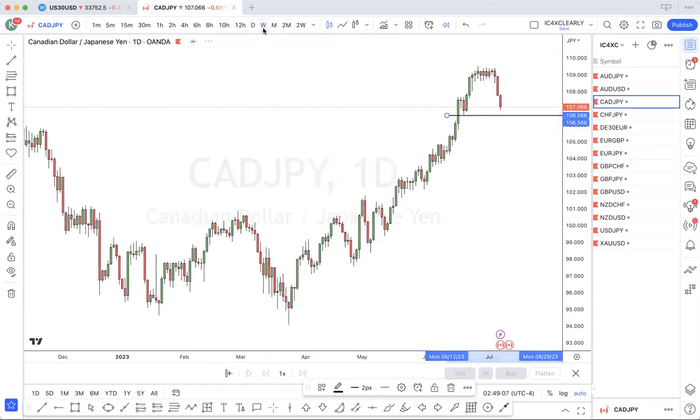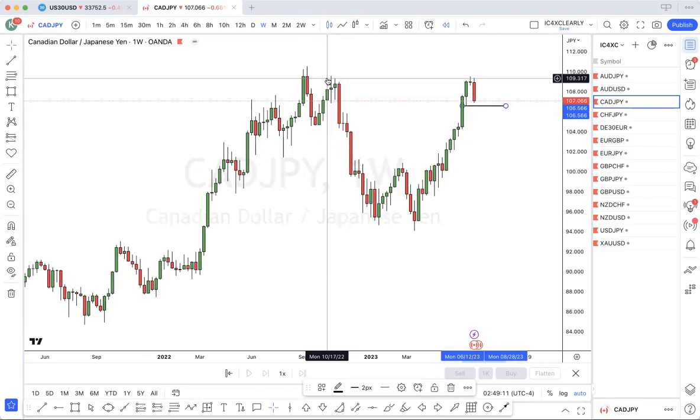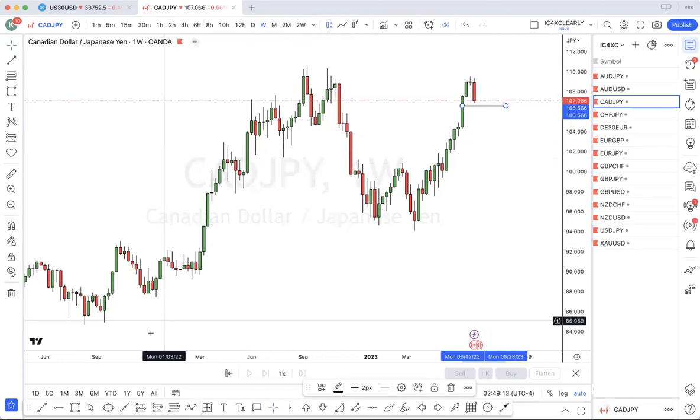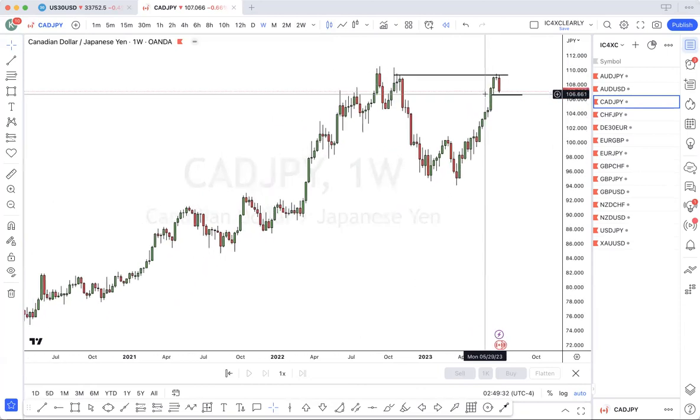And let me look to see what is. Okay, it wicked past that. It wicked past this order block here. Didn't break these highs though. So yeah, for me, it's still bullish.